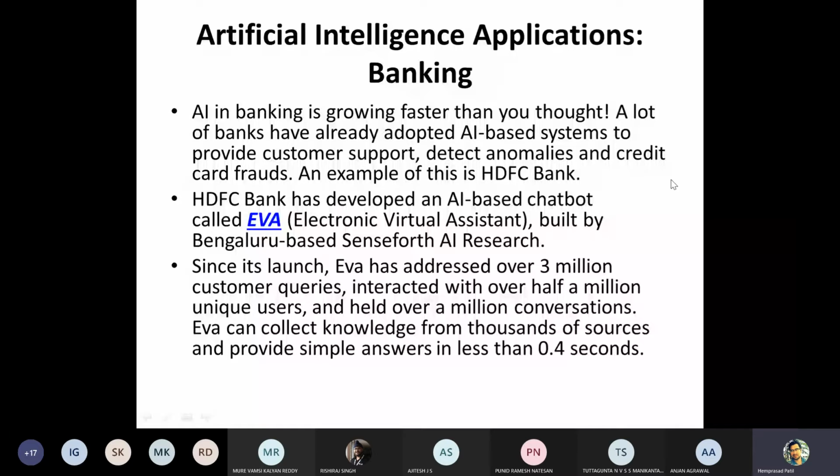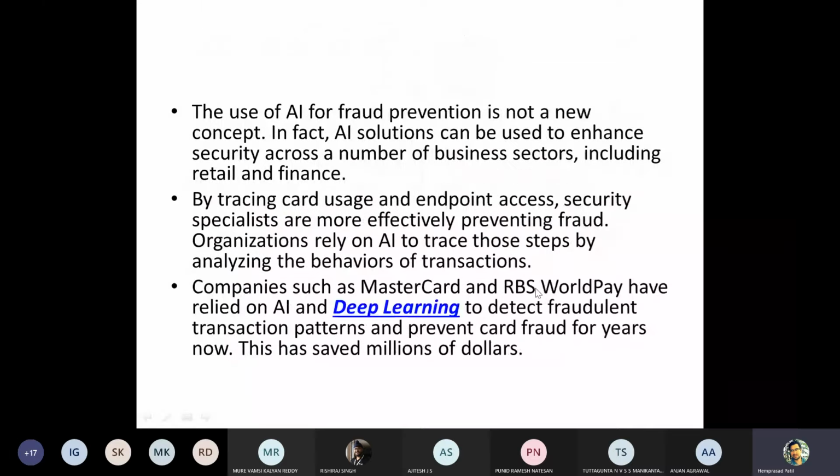Another use is the use of AI for fraud prevention. It is not a new concept. In fact, AI solutions can be used to enhance security across a number of business sectors, including retail and finance. By tracing card usage and endpoint access, security specialists are more effectively preventing fraud.